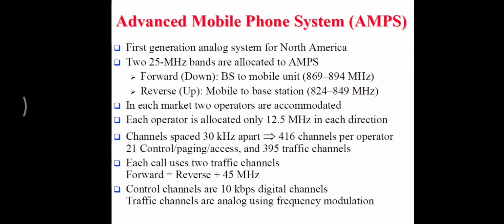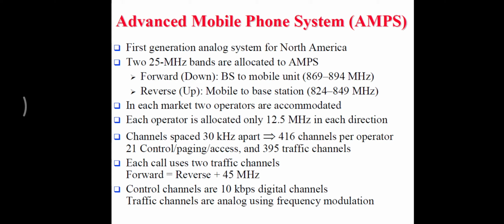First we see the technology used in first generation. The first generation analog system was introduced in North America, and the bandwidth is 25 MHz bands allocated to AMPS. Forward, that is base station to mobile unit, is 869 to 894 MHz, and reverse, that is communication from mobile to base station, is 824 to 849 MHz.